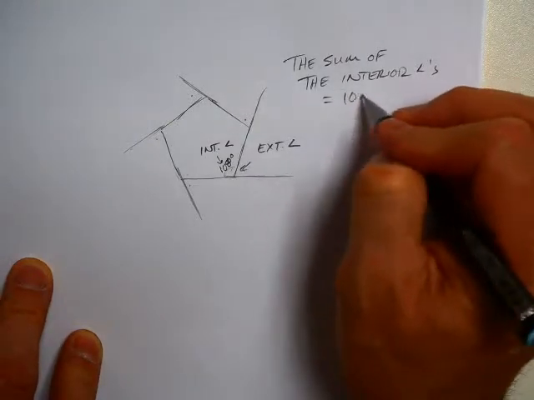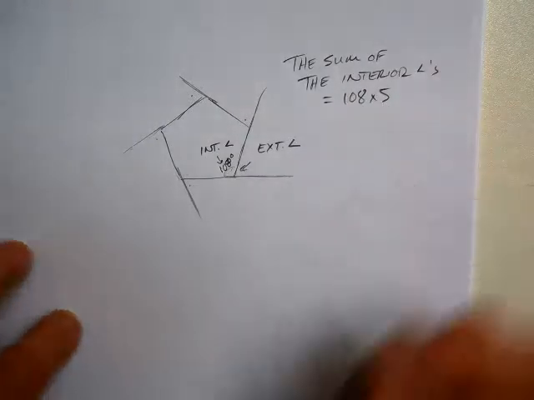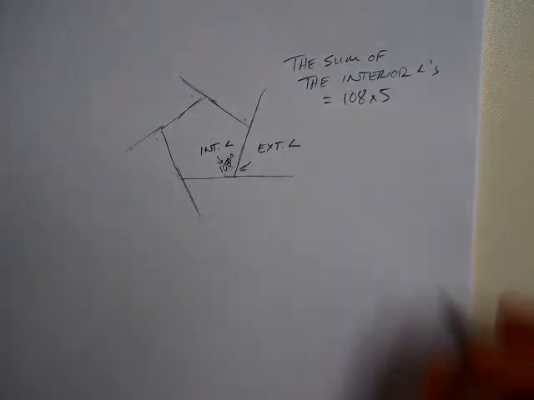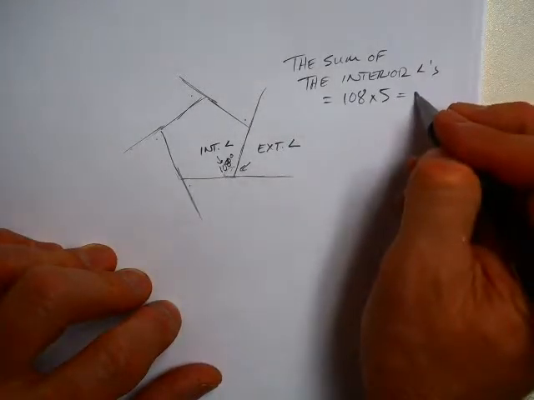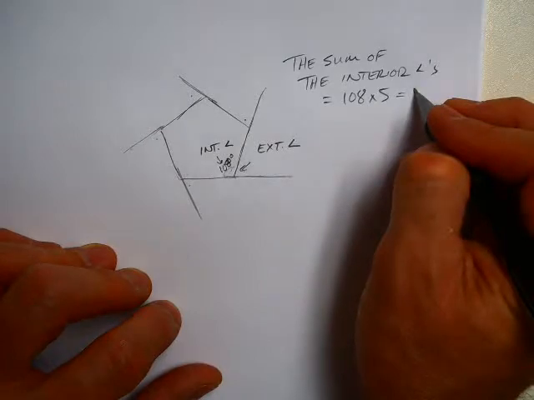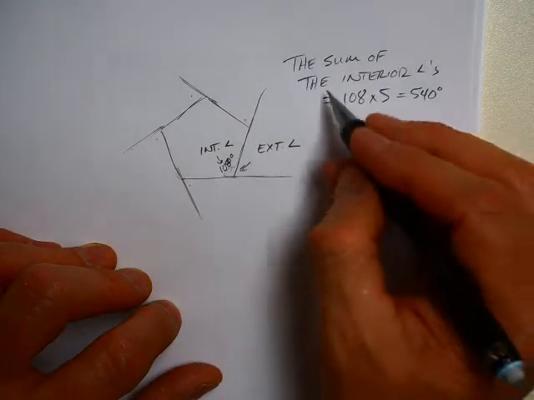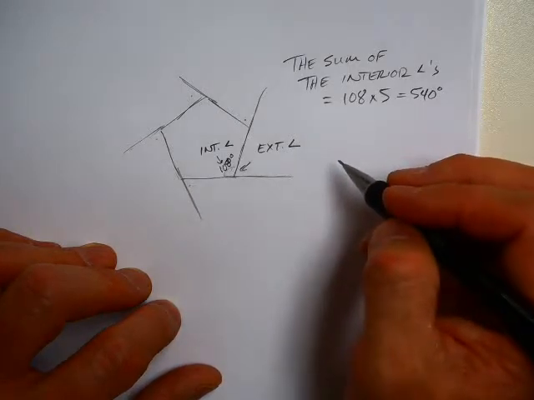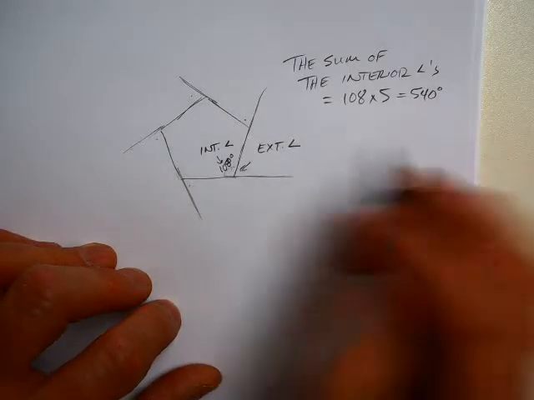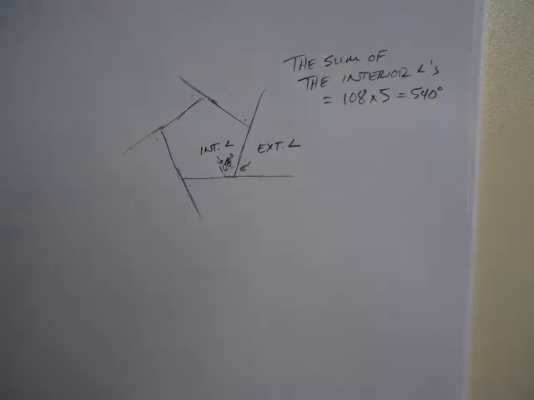It equals 108 times 5, because we've got 5 interior angles, which is 540. The sum of the exterior angles is always 360. Again, this is a little more than what we need right now, but it kind of leads us to some cool stuff.